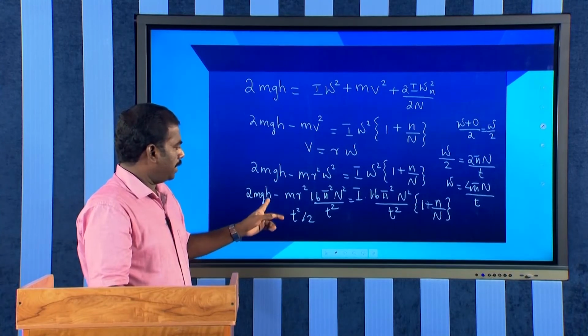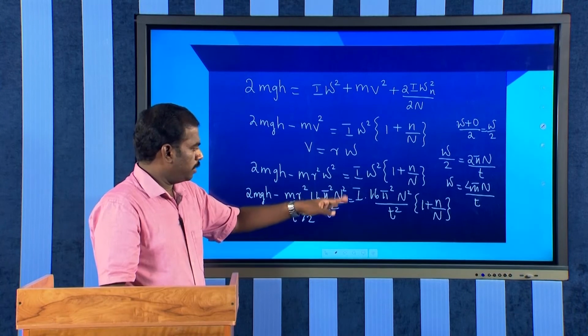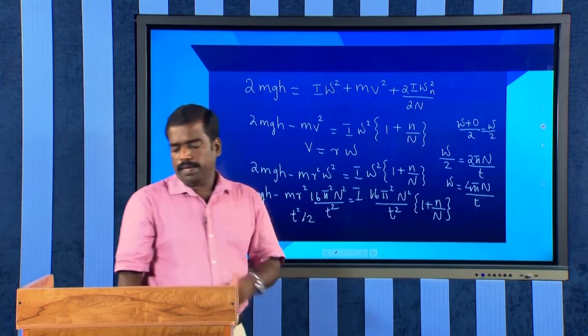So that is 2 mgh into t square by 2, m r square into 16 pi square N square into t square by 2.